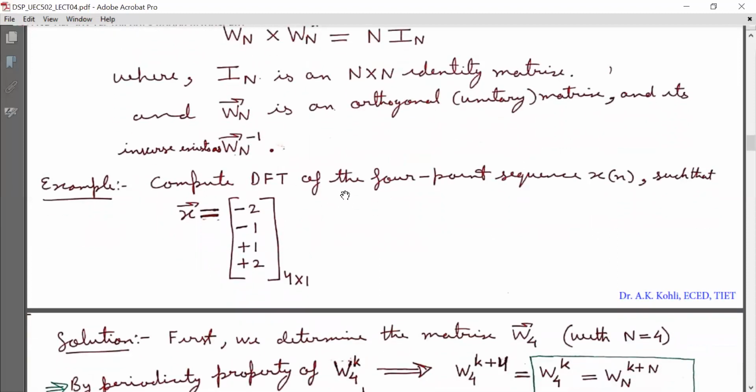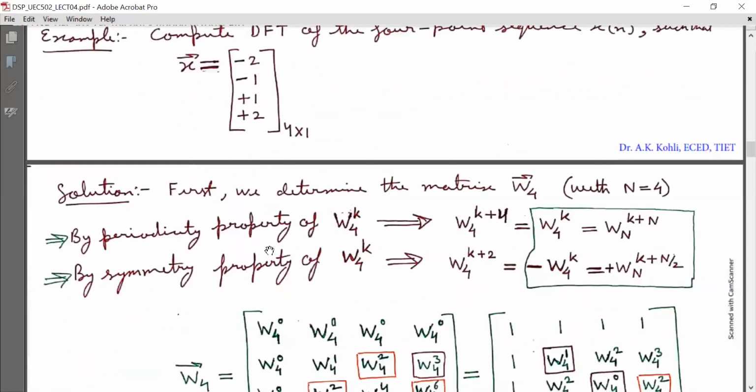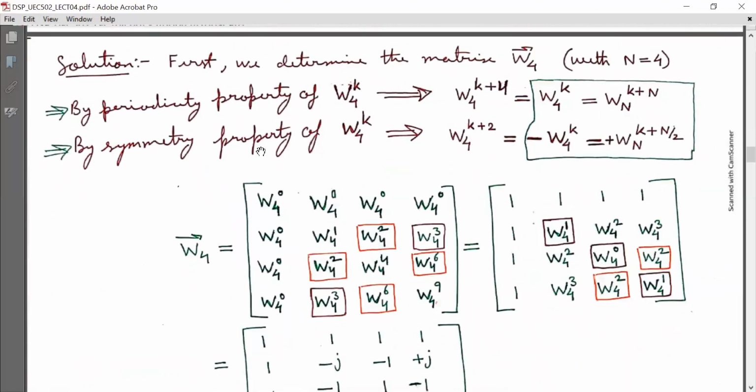That is, compute the DFT of the 4-point sequence x[n], such that the small x vector, having the values of sequence x[n] in vector form as a 4 cross 1 vector with first element as -2, second -1, third +1, and the last one +2. But we first need to determine the matrix capital W with capital N equal to 4.